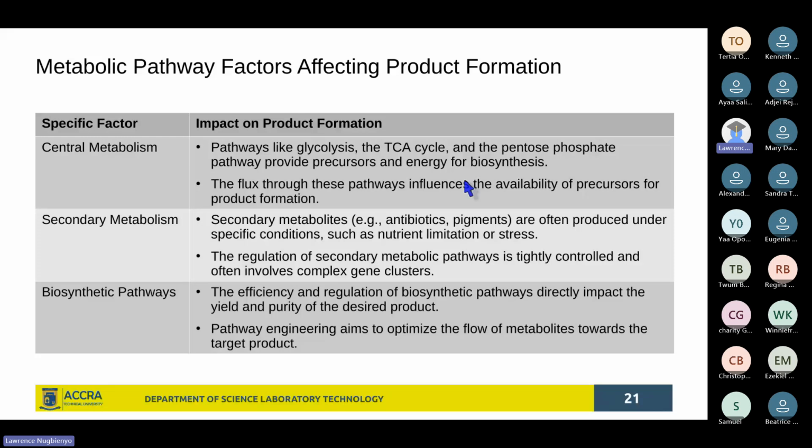If you're talking about production of secondary metabolites, like some antibiotics or pigments, there too you often will have to create specific conditions and limit some nutrients.